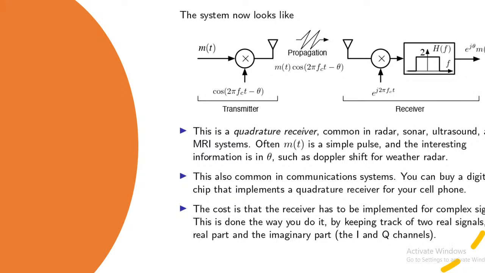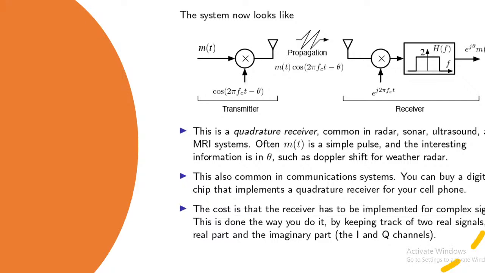This is called a quadrature receiver, which is commonly used in radar, sonar, ultrasound, MRI. m(t) is a simple pulse, and the interesting information is actually in theta in these applications, such as Doppler shift for weather radar. This is also common in communication systems.